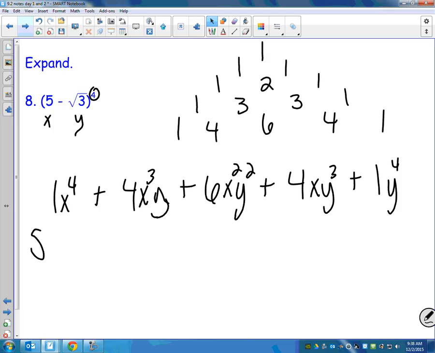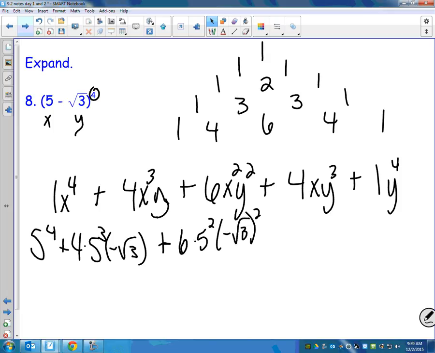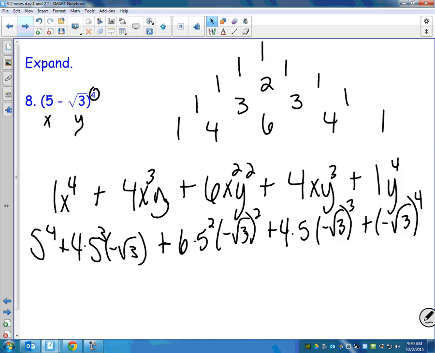So I'm going to get 5 to the 4 plus 4 times 5 cubed. That's times negative square root of 3. Plus negative square root of 3 to the 4.